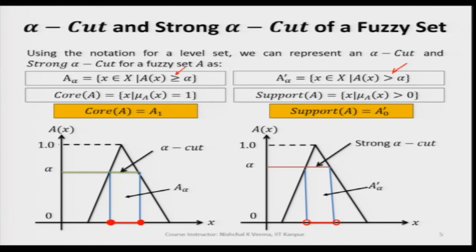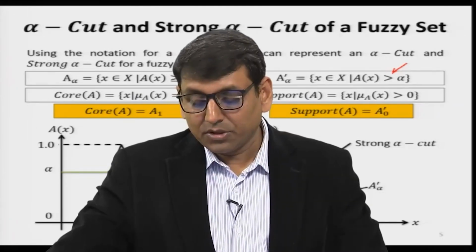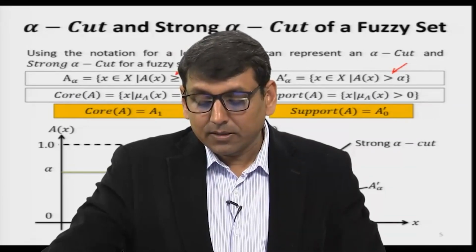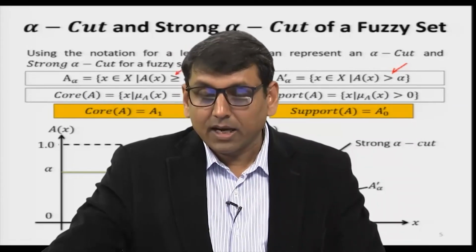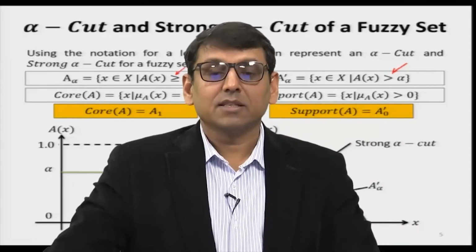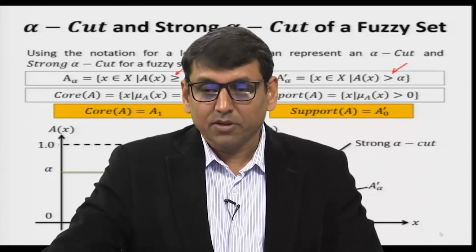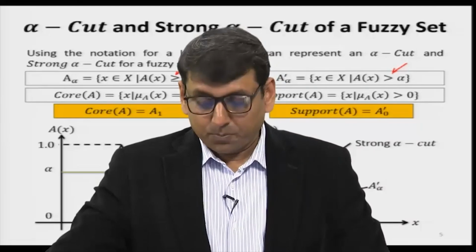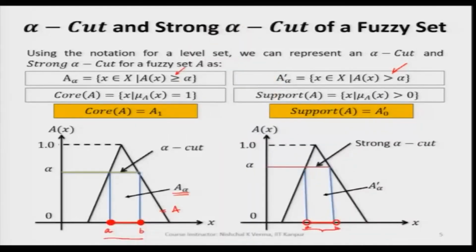So, if we take an example and have a fuzzy set, let us say A, and if we are interested in alpha cut, this will be the alpha cut here, this can be small a, this can be small b. So, alpha cut is this line A and B. And the strong alpha cut, as I have already explained, is this A here and B here.